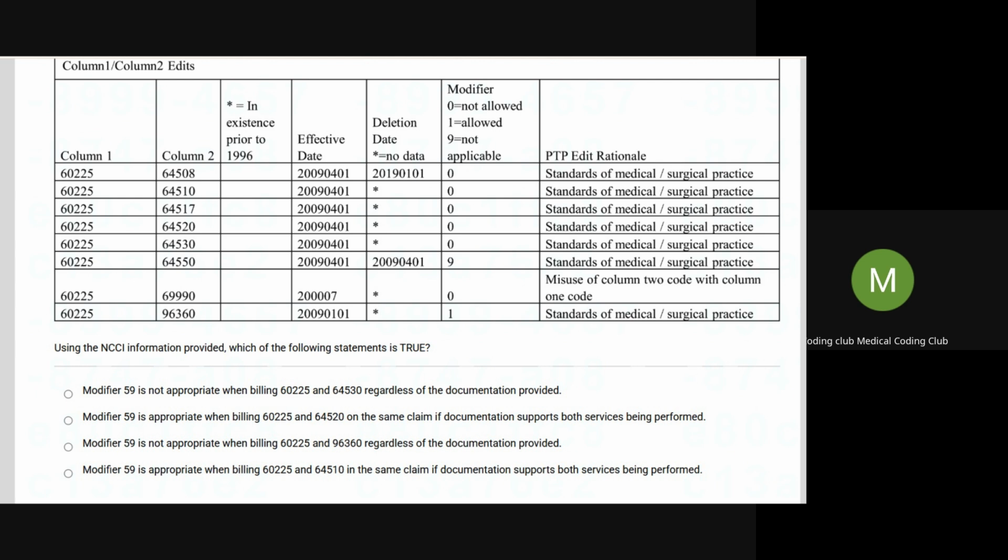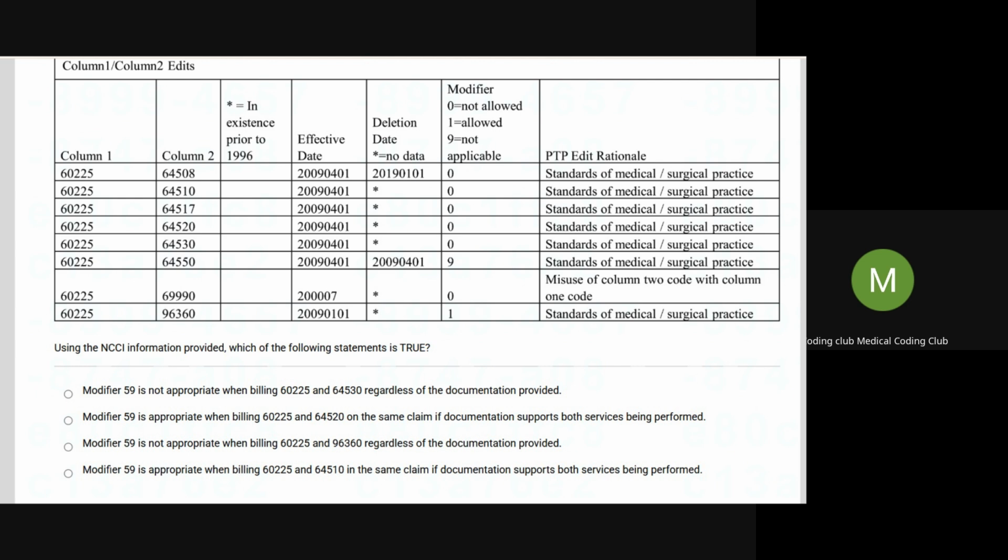They have discussed 60225, the comprehensive code, which remains the same in all the options. So 60225 comes in column 1. For this column 1, check the corresponding column 2 codes. The last option says modifier 59 is appropriate when billing 60225 and 64510 on the same claim, if documentation supports both services being performed.